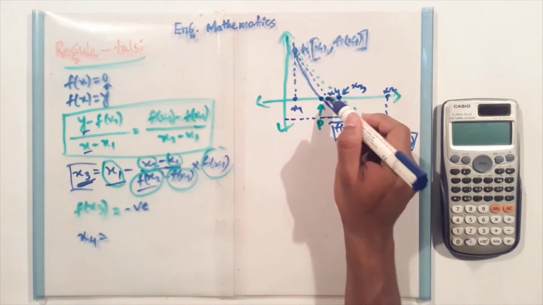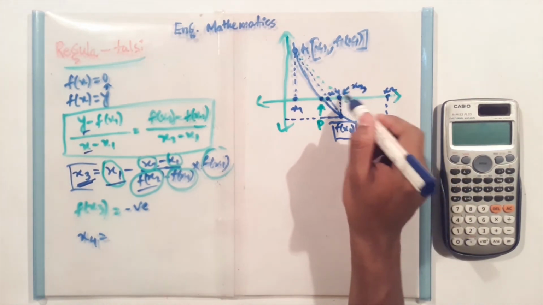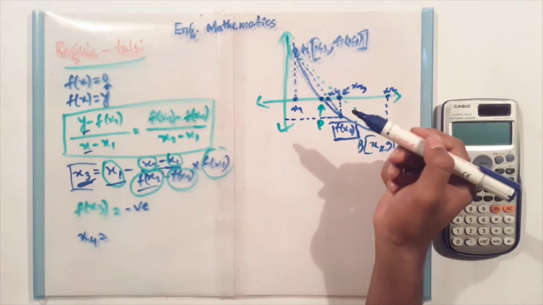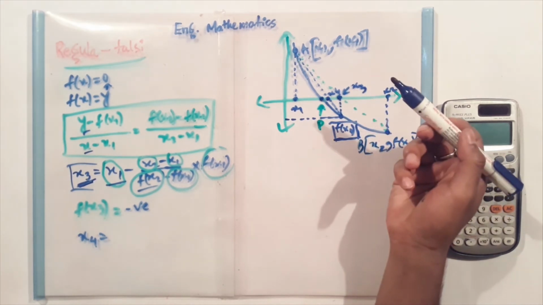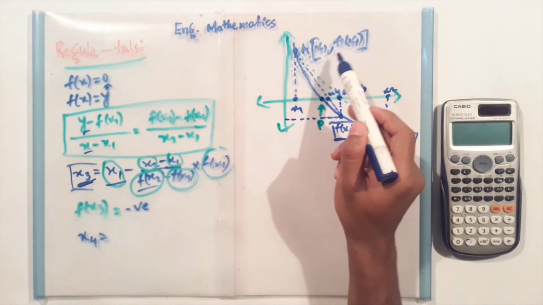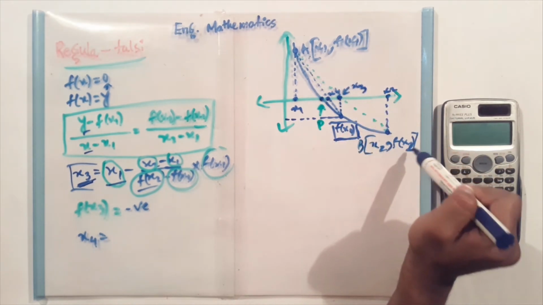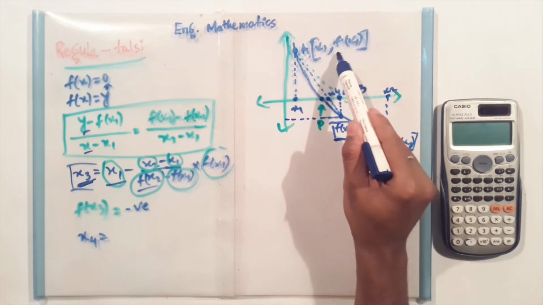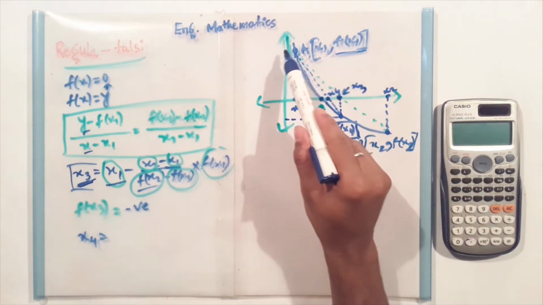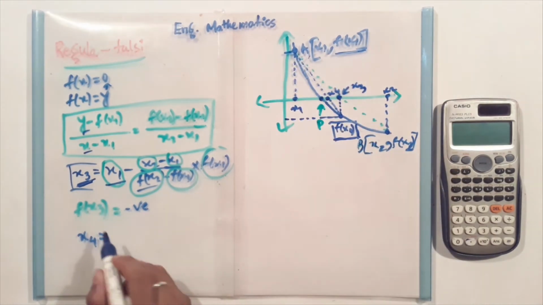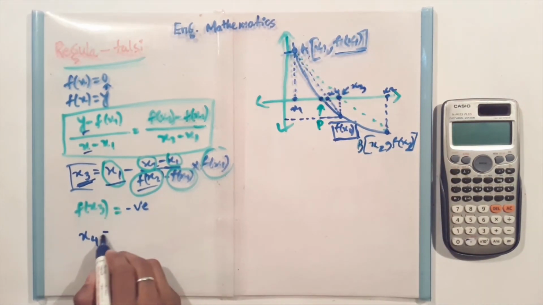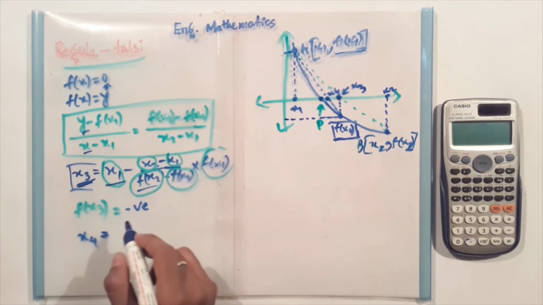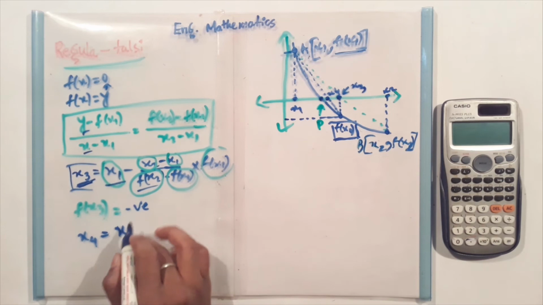Now we have x3, and f(x3) is negative, so we need another point whose f(x) is positive. f(x2) is negative, so we can't use it, but f(x1) is positive, so we will use x1 and f(x1) here.